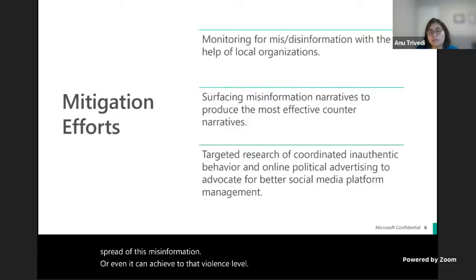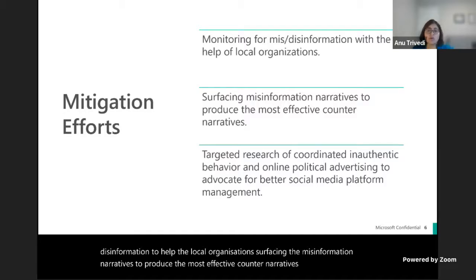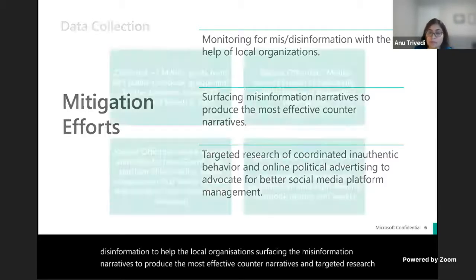The mitigation efforts are monitoring misinformation and disinformation to help the local organizations, surfacing the misinformation narratives to produce the most effective counter narratives, and targeted research for coordinated inauthentic behavior.